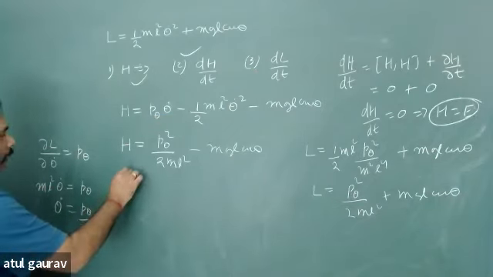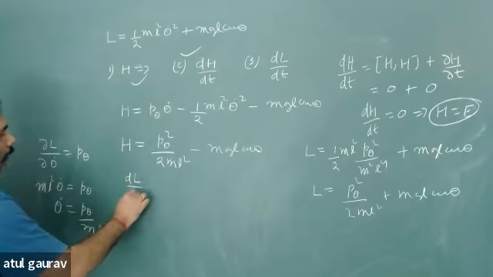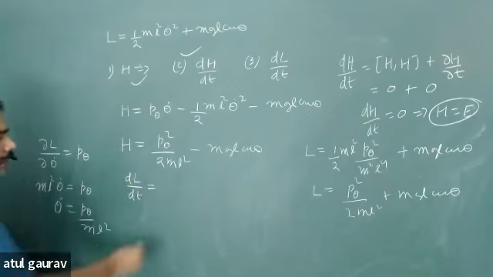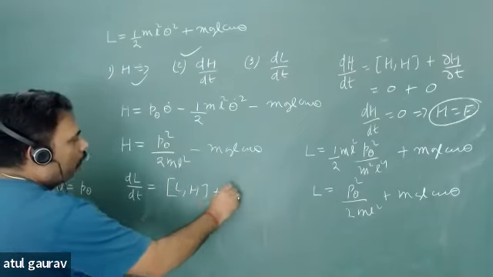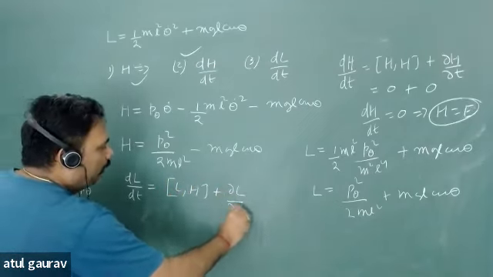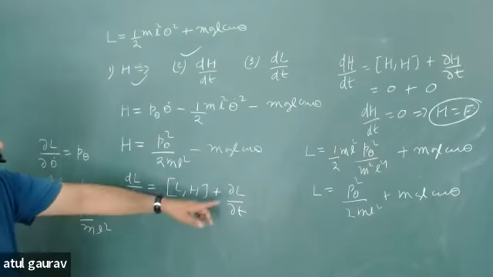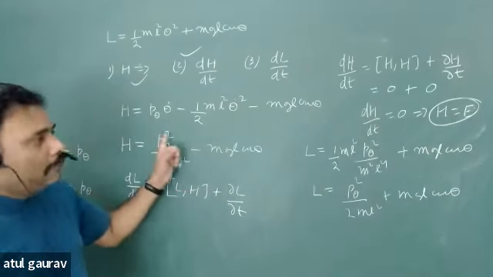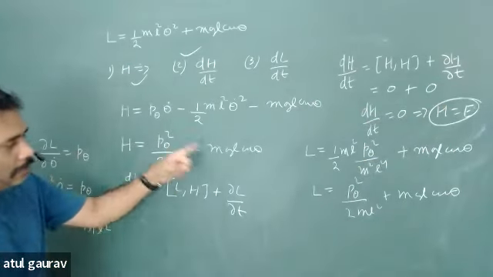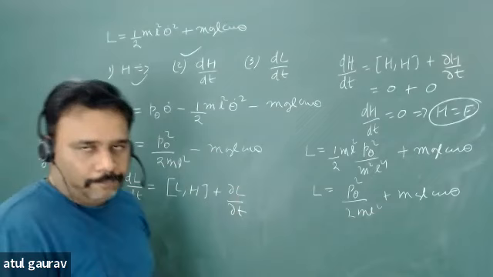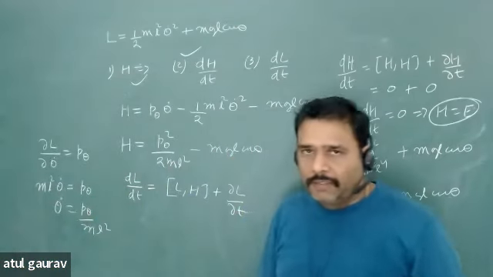So what will happen to dL upon dt? dL upon dt can be written as the Poisson bracket of L and H plus del L upon del t. Please mind it, the Hamiltonian is also not an explicit function of time, and the Lagrangian is also not an explicit function of time. Both are not explicit functions of time.